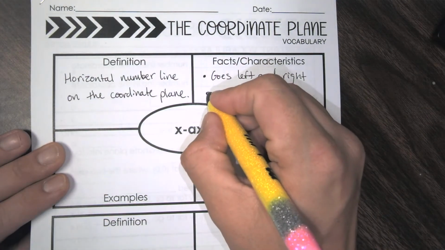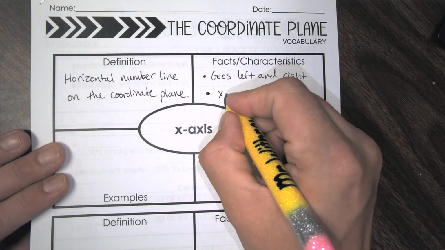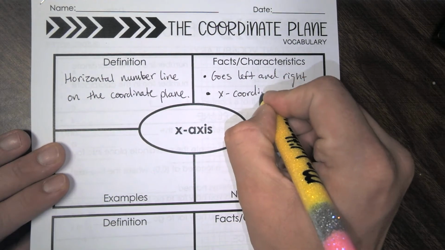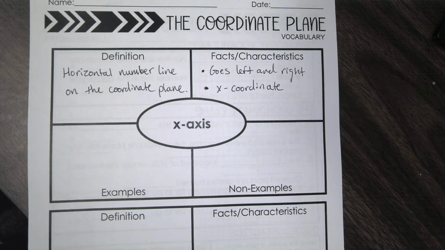The number that we work with is called the x coordinate. So the x-axis is the horizontal number line on that coordinate plane. The one that's going left to right is called the x-axis. Every time. It will never change.